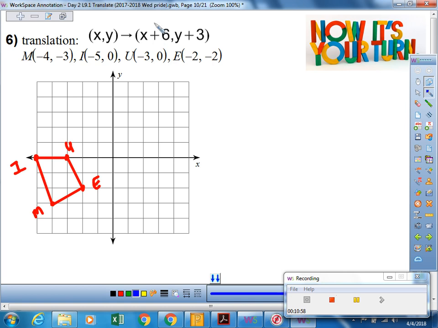And when you add to the X, which direction are you going? Right. So right 6 units. And when you add 3 to the Y, you're going up 3 units.